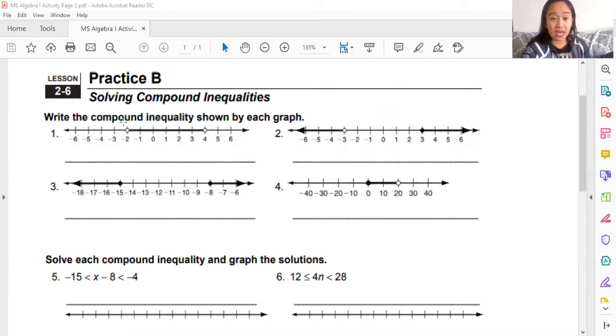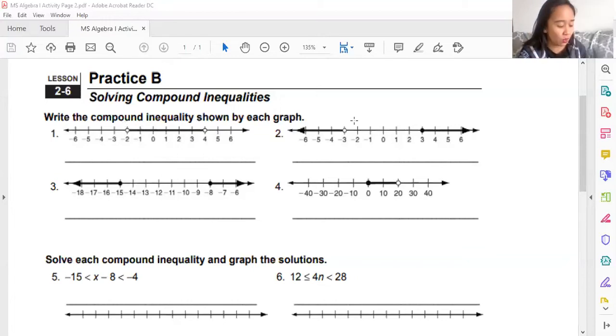So look at the shade. It's in between those 2 points. So which one is the same as that one? It should be the same as what we did in number 1 and number 2, okay? Because the shaded part is in between 2 numbers.